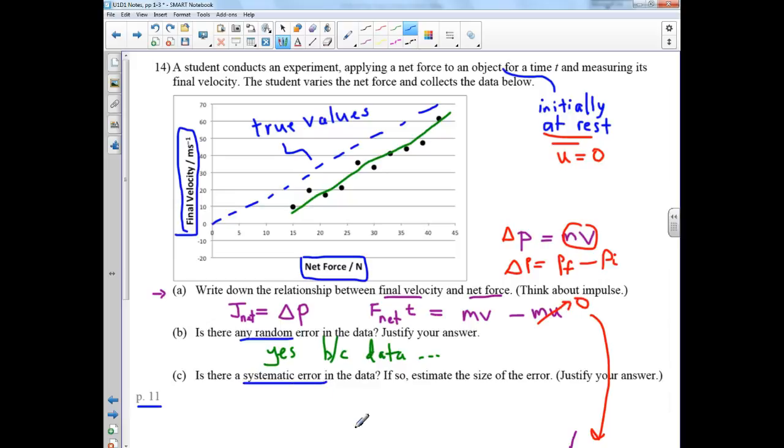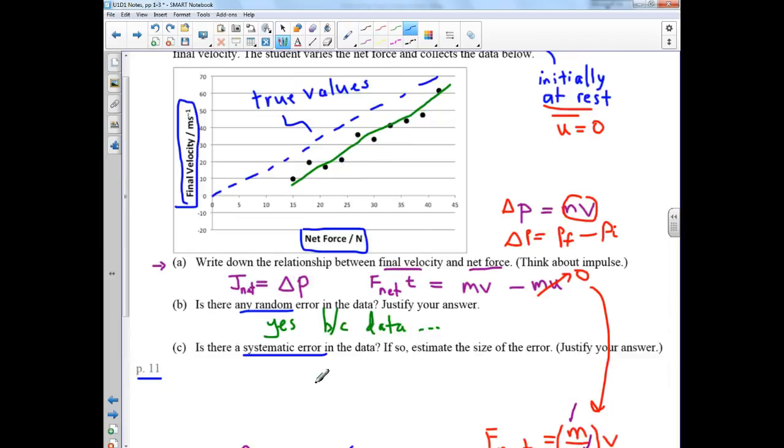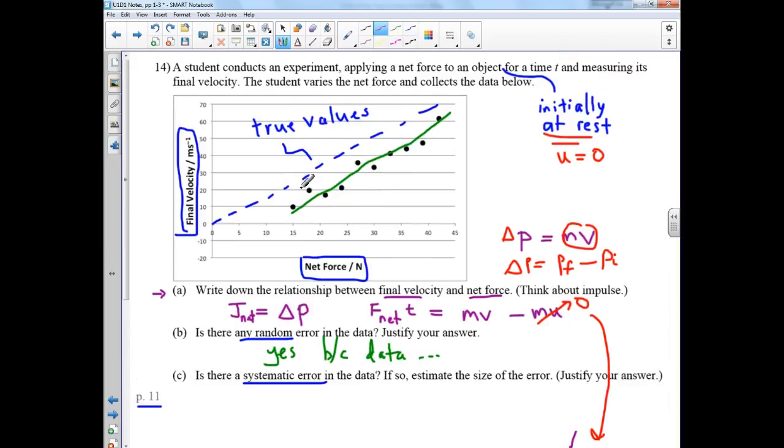Is there systematic error in the data? And if so, estimate the size of the error. Well, is there systematic error? Look at this. Every single one of these data points, well, the green line, rather, has been shifted down from where it should be. So there's definitely some shifting.